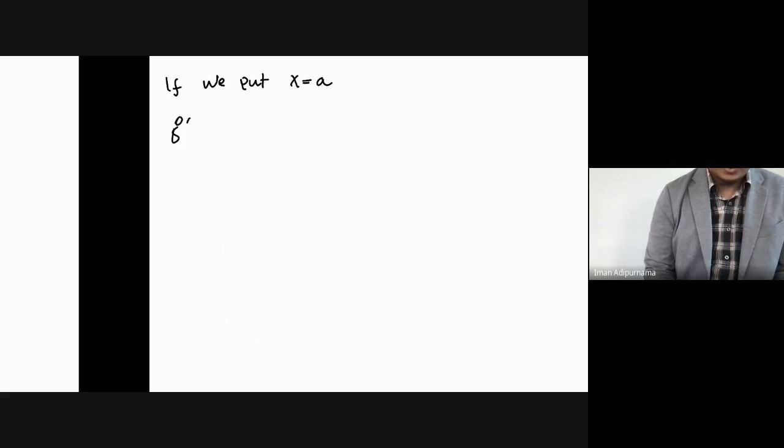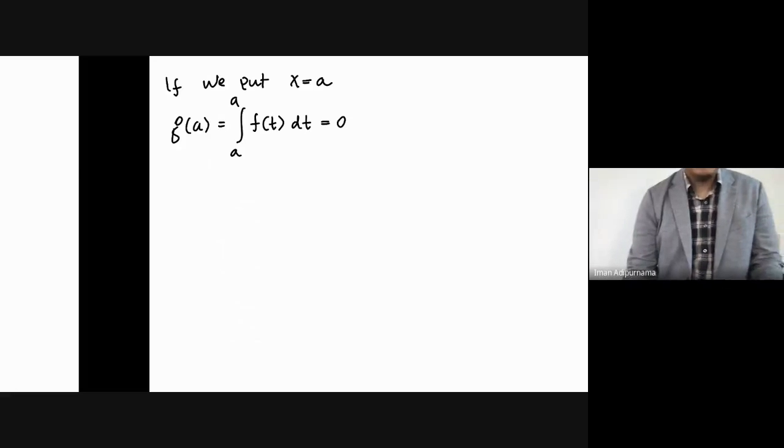So let me write, if we put x equal a, then g(a) is the integral from a to a of f(t) dt, which is 0, right?